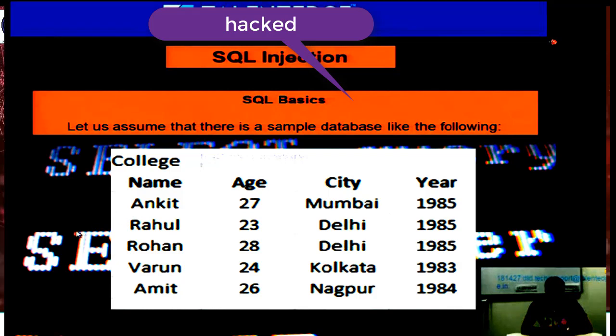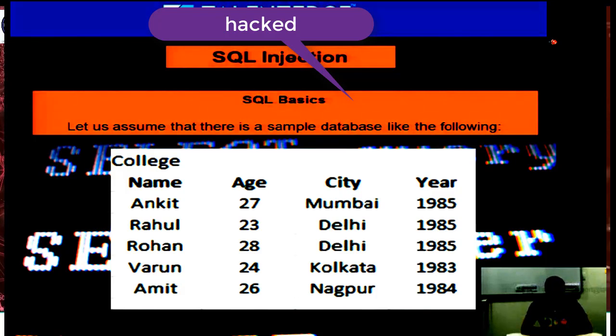And it has 5 rows: Ankit, Rahul, Rohan, Varun, and Amit. These are 5 rows of information stored across 4 columns in this table or database called college.